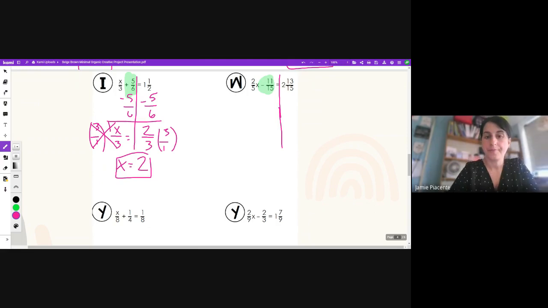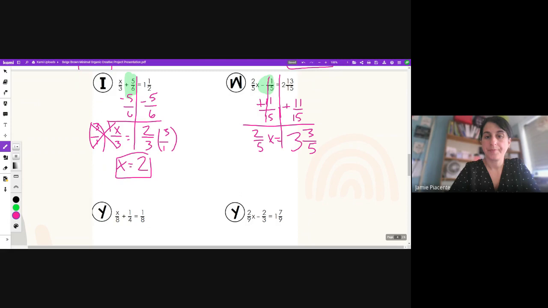So minus 11/15 would be plus 11/15. We're left with 2/5 x equals, so 2 and 13/15, this is a weird one, plus 11/15 gives me 3 3/5. 2 and 13/15 and 11/15.